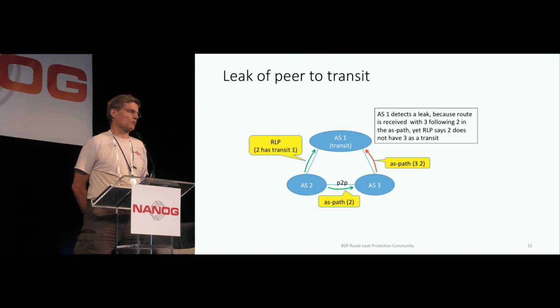He says my transit is AS1. He also sends it to a peer. The peer is supposed to only send to a customer, but he sends it up to the transit. So again, we see the AS path with 3 after 2, but the RLP does not list 3 as being a transit, so it's detected.